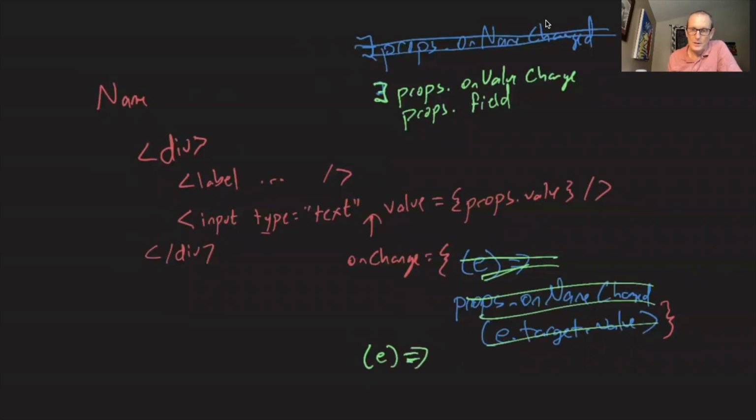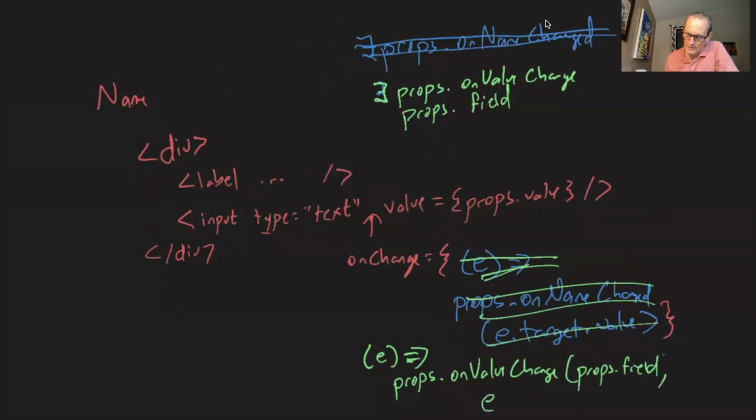Because this is defined by the DOM. And what are we going to do? We're going to call props.onValueChange. And what do we want to pass in? Well, as the first parameter, we need the field. How do we get the field? That's in props.field. The second parameter is e.target.value.